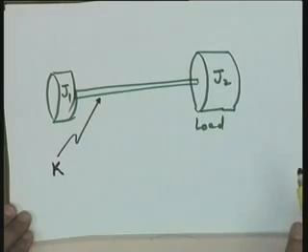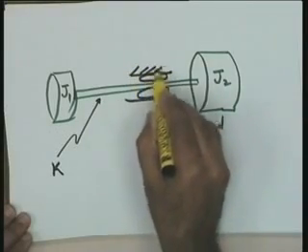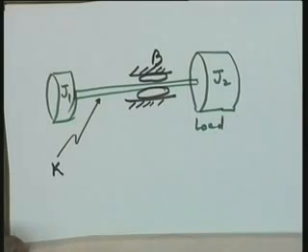Okay? Earlier I had mentioned that normally servo systems will have two parameters, J and B, but such situations also come up where the third parameter K is also important. Let me assume that the frictional effect in the system is modeled by this damper, and this damper has B as the viscous frictional coefficient.